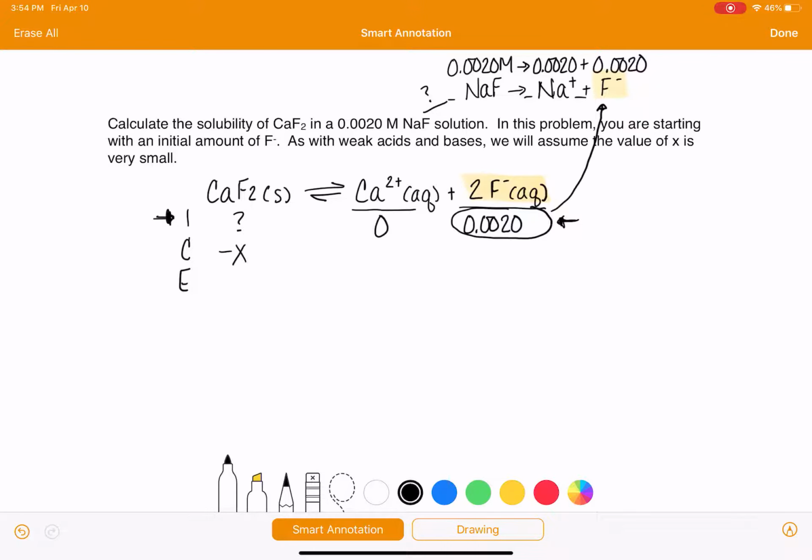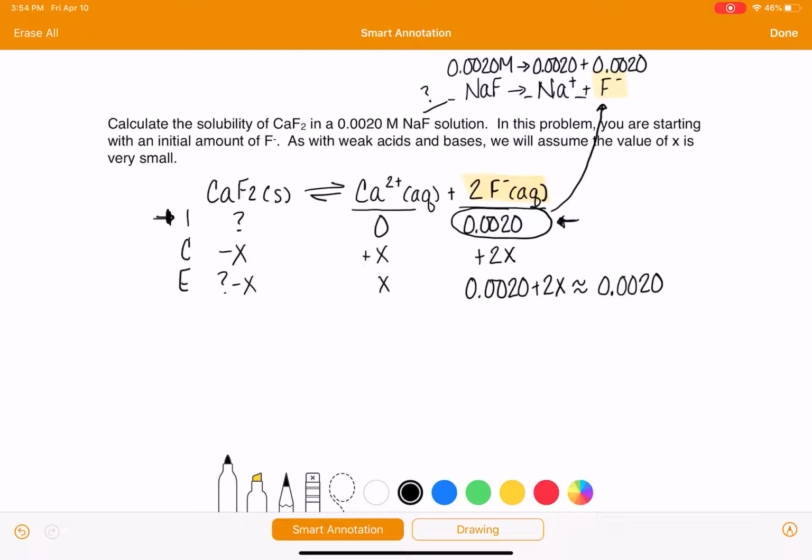And we still don't know how much of the solid we have. For the stoichiometry in the change, we have -x plus 2x. And when we get to equilibrium, we're going to have x calcium, and we are going to have 0.0020 plus 2x of the fluoride. But just like with acids and bases, we're going to assume that x is really, really small compared to 0.0020. It's just not going to matter anymore.